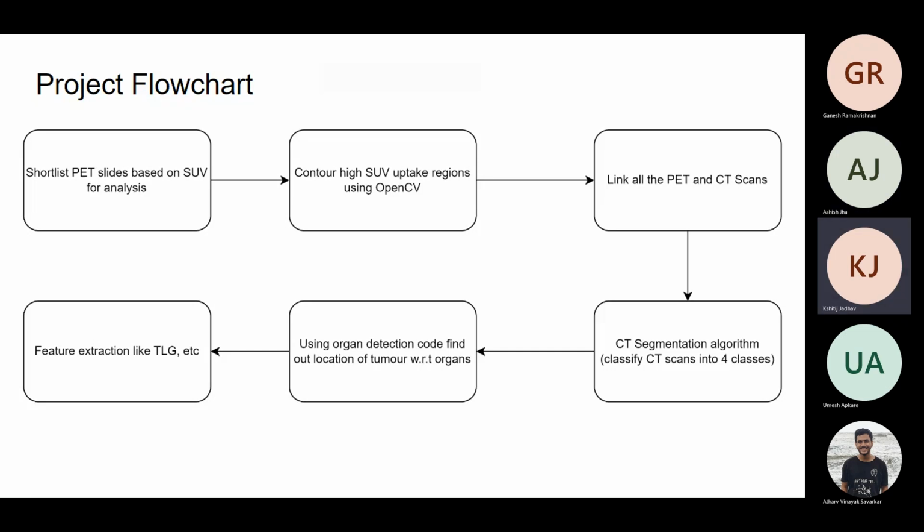Then Atharva contours the SUV max using OpenCV functions. Then he also identifies which PET scan has the SUV and what its corresponding CT scan is. So now we have the CT scan image in which there is a tumor. Now we keep it aside. Now let's consider this hypothetical scenario where Atharva is able to implement the code that we just showed him, to identify the tumor.